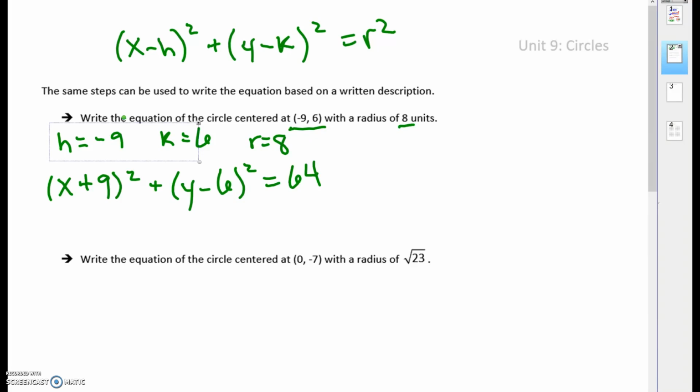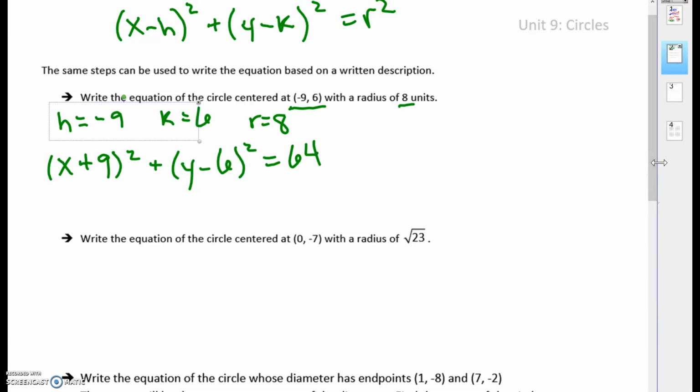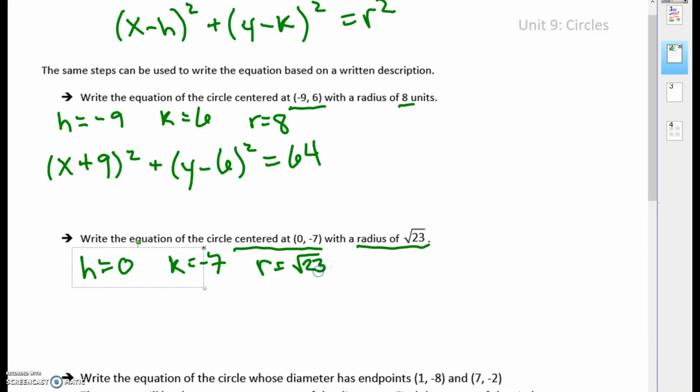Now let's take a look at this guy. Now we have a center at negative 7 with a radius of square root 23. So my h is 0, my k is negative 7, my r is square root of 23, so my r squared is going to be root 23 squared, which is just 23.